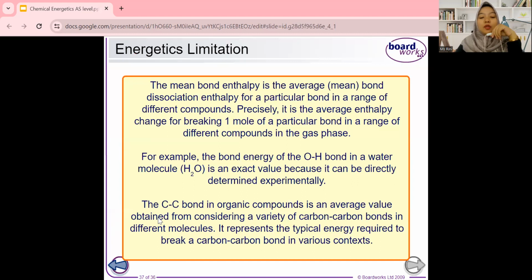The carbon-carbon bond in organic compounds is an average value obtained from considering a variety of carbon-carbon bonds in different molecules. It represents the typical energy required to break a carbon-carbon bond in various contexts.